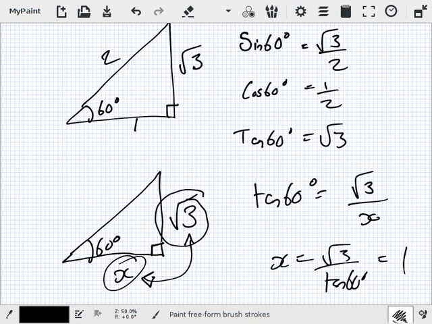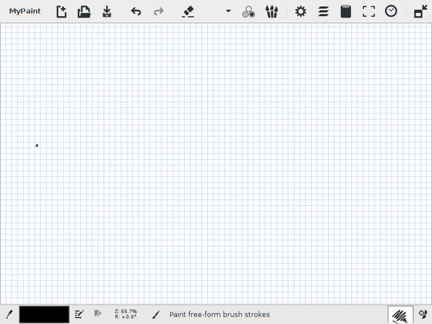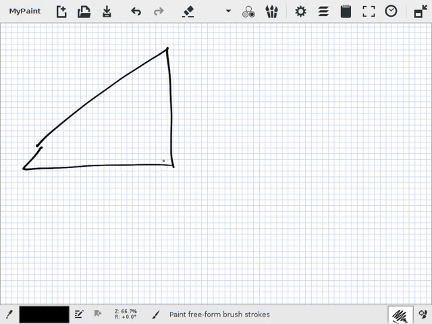So if we want to look at finding angles, okay. So can I scroll down? Let's say you had something like this, 3, 4, and 5. And I want to know this angle here.